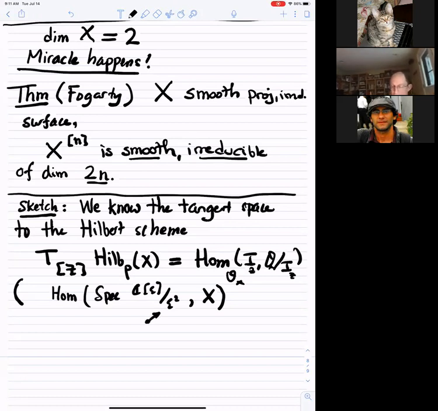So you look at those homomorphisms such that they take the point to the point X, and then you look at all such homomorphisms, and as you do that, what you get is the Zariski tangent space.